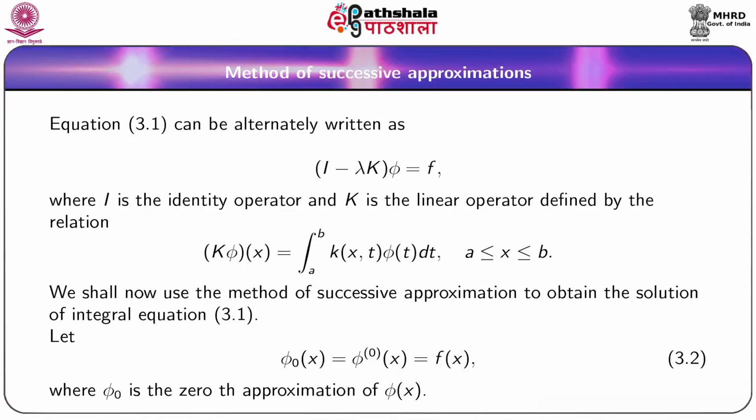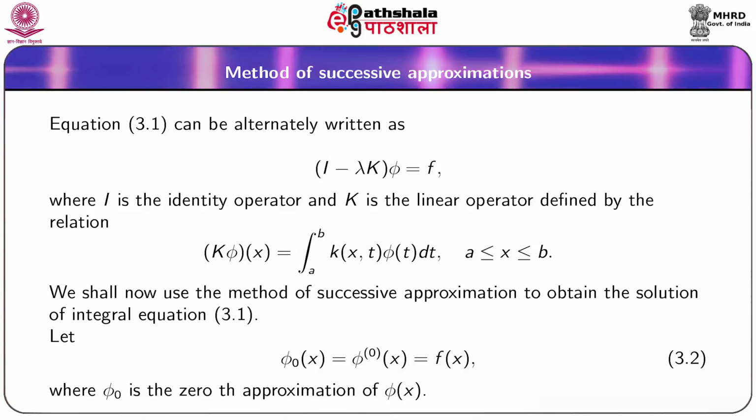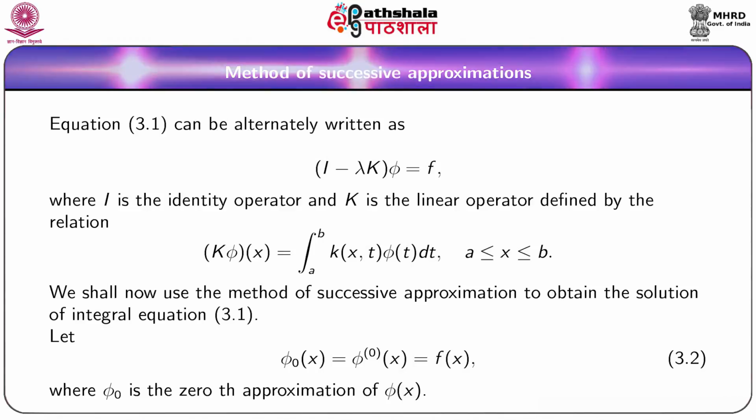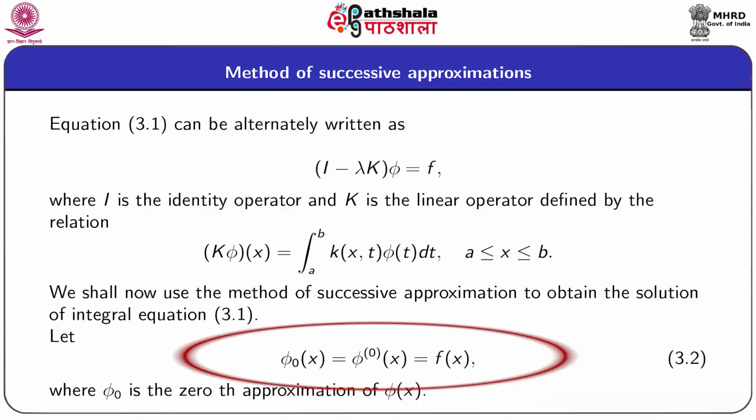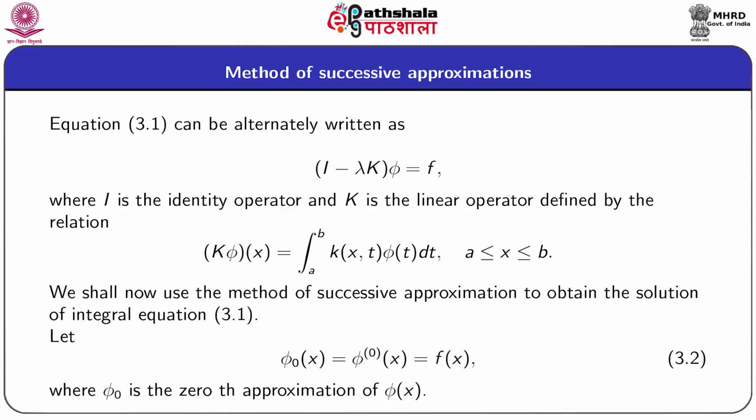For this, we denote phi naught x as the 0th approximation of phi x, and in equation 3.2 we have used 2 types of symbol.